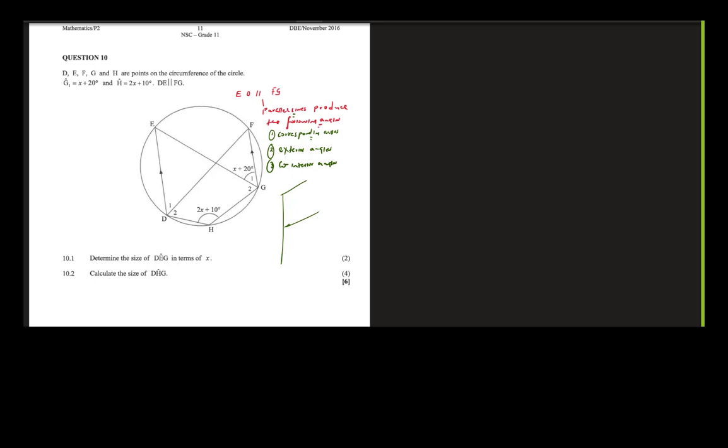Let's say AB is parallel to CD, and we have got angles X, Y, Z, Q, P, and M. Which angles do you think are corresponding here?